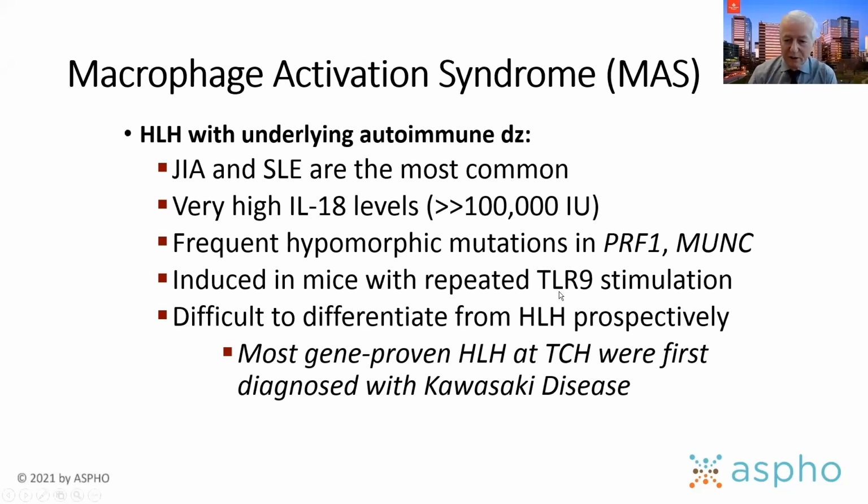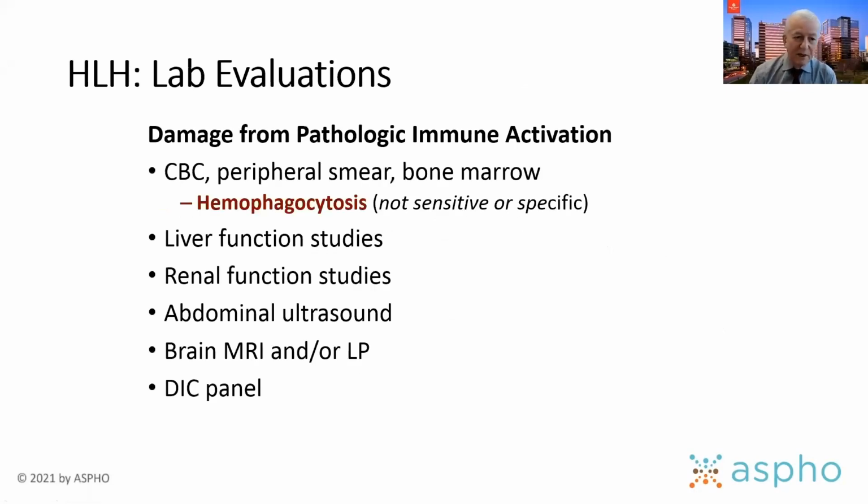So HLH can look like a lot of things, and one of the things that it often is mistaken for is Kawasaki disease because of the rash associated with this, and the onset of the cytopenias may be gradual. So again, to evaluate these patients, you're going to be looking at the CBC for the cytopenias and hemophagocytosis in the marrow, although it's not sensitive or specific.